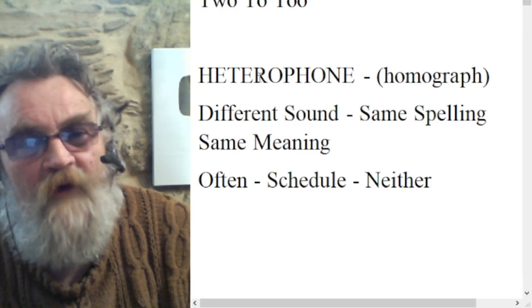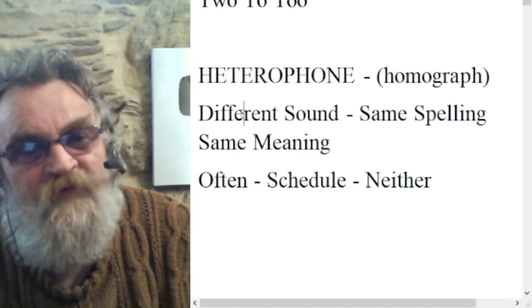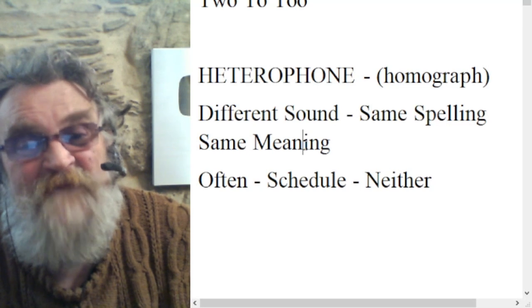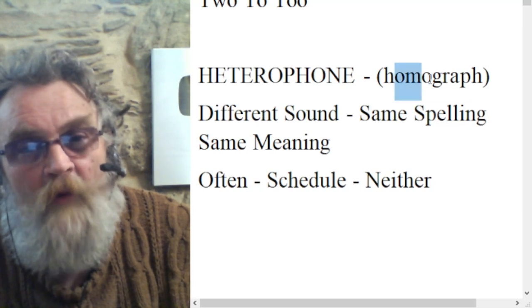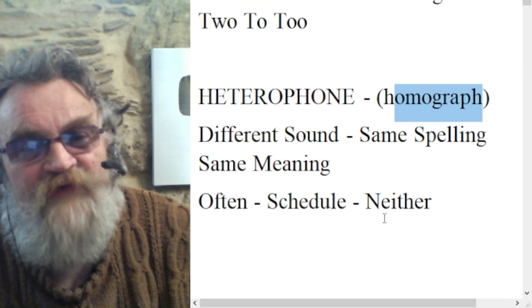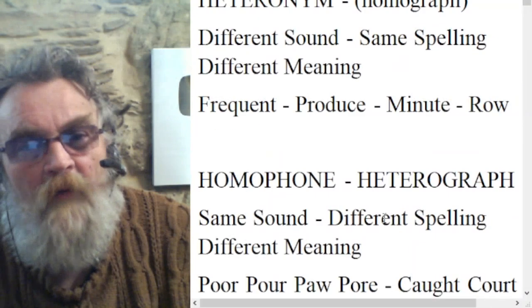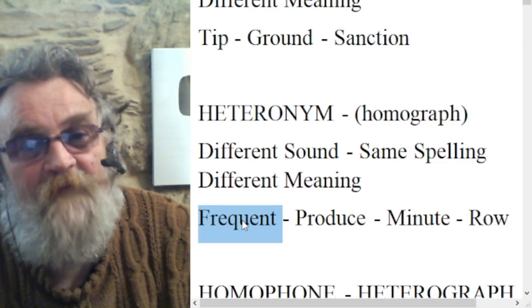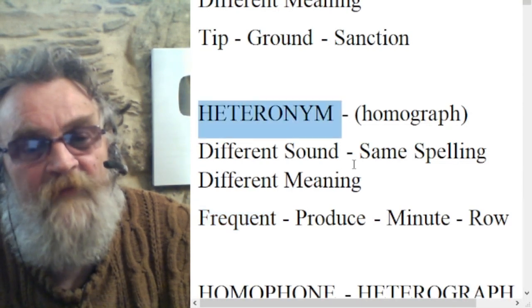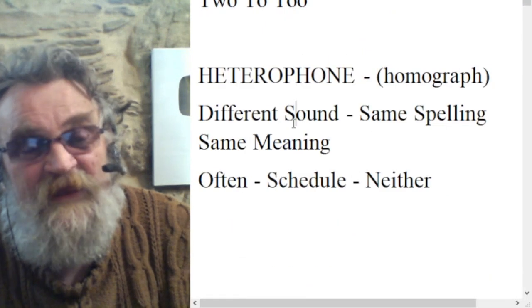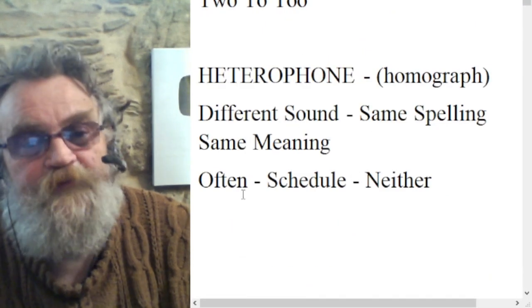Okay, heterophones, different sound, same spelling, same meaning. Notice the word homograph is here because the words are written the same, like the homographs here. They're written the same, but in the case of the heteronym the meaning is different. In this case the meaning is the same.